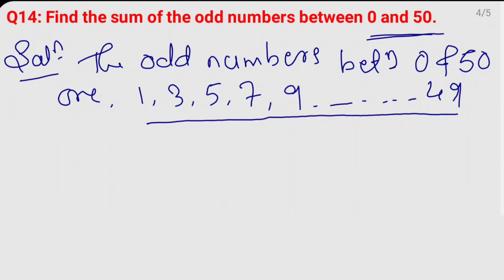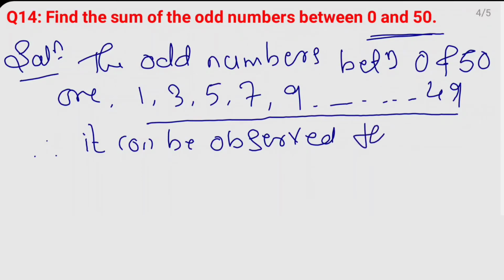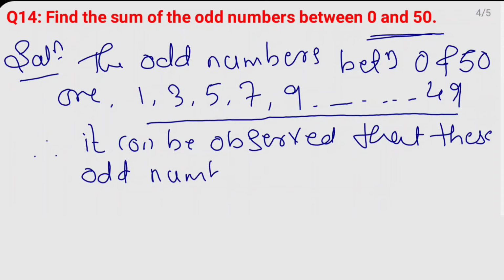Is it clear? So therefore it can be observed that these odd numbers are in an AP, because here the common difference is constant, right?